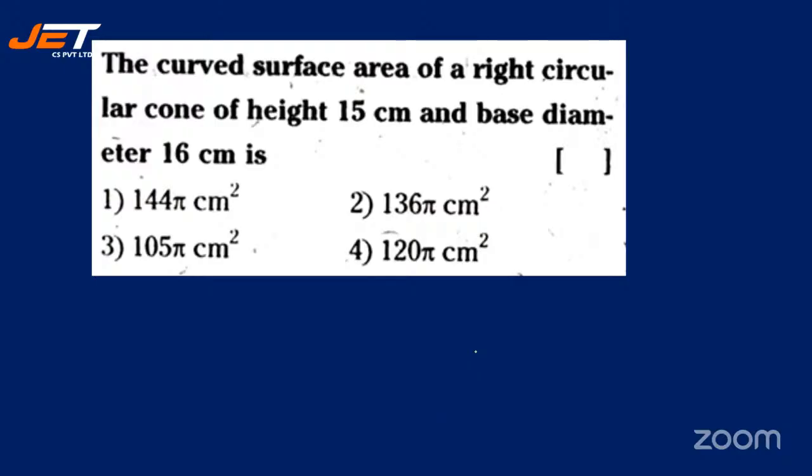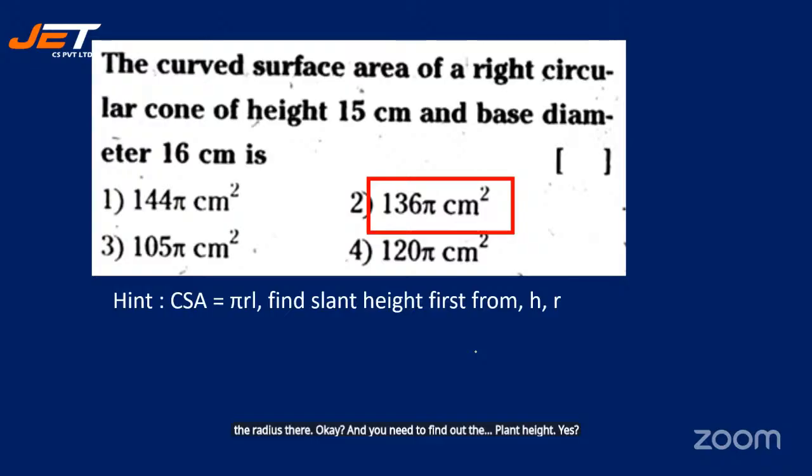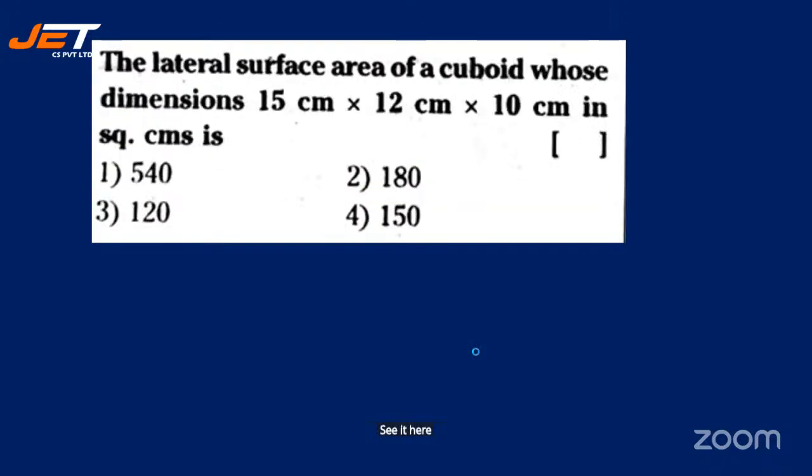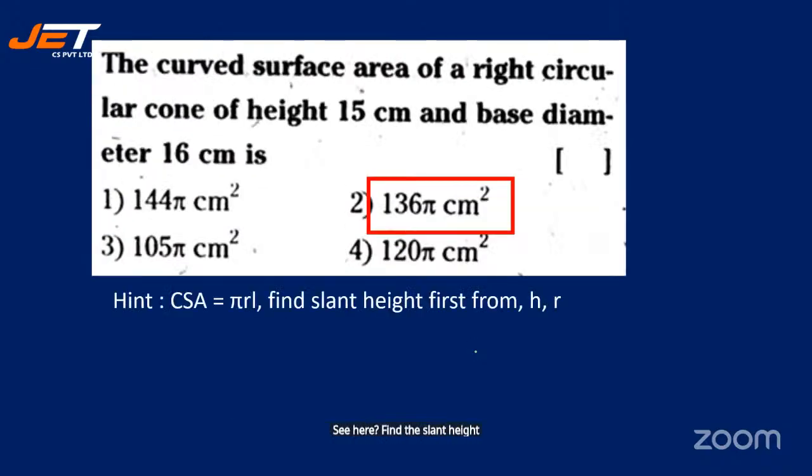Where you have height here, the radius there, you need to find out the slant height. Find the slant height from this H and R. So how do you find out the slant height with this? Yes, students, how do you find out the slant height?